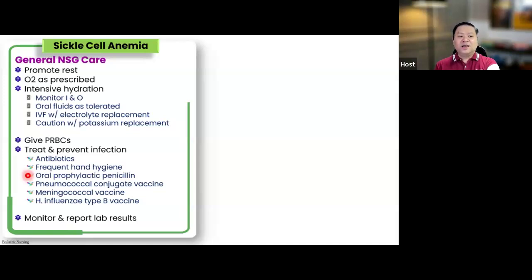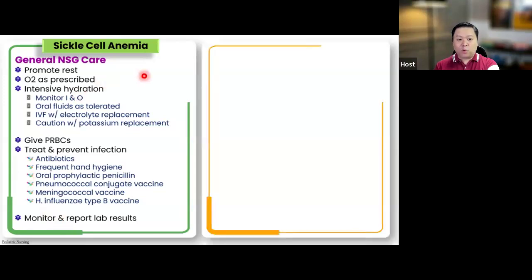Now, another function that we should be doing, especially in a patient with sickle cell disease, is the delivery of pain management. This is very important. Unfortunately, the patient that I took care of in the past really required a whole lot of pain medications, especially IV pain medications during the acute phase.